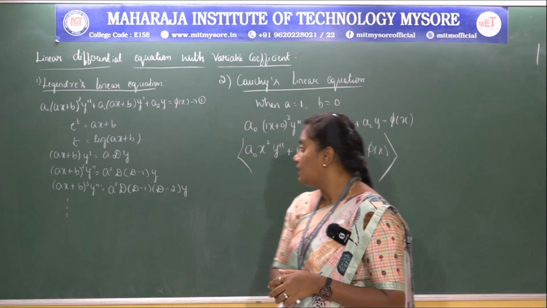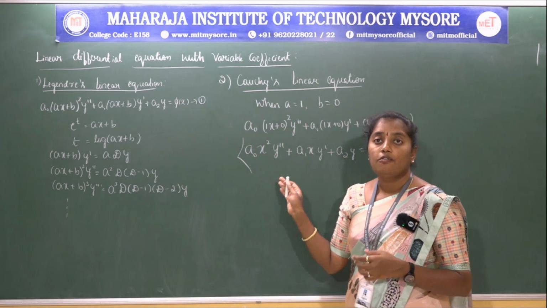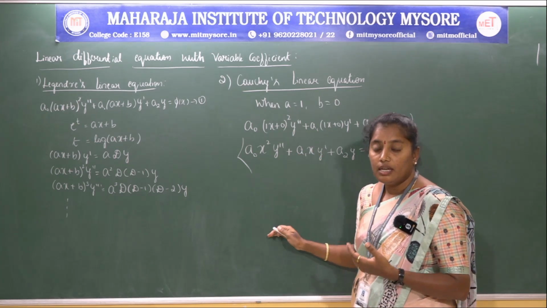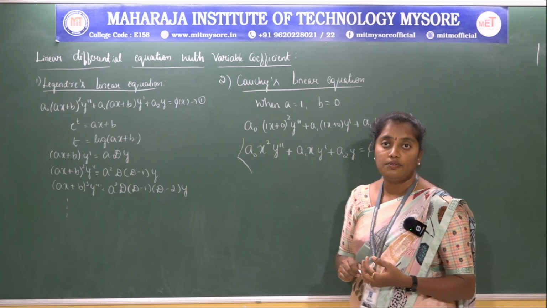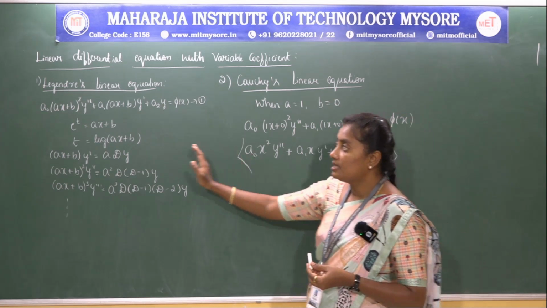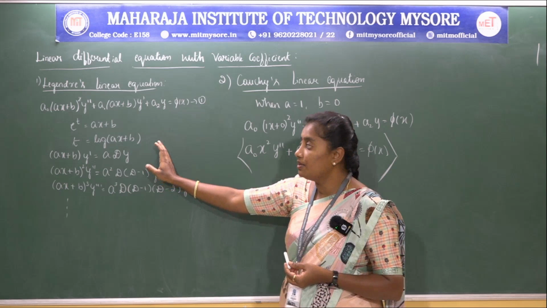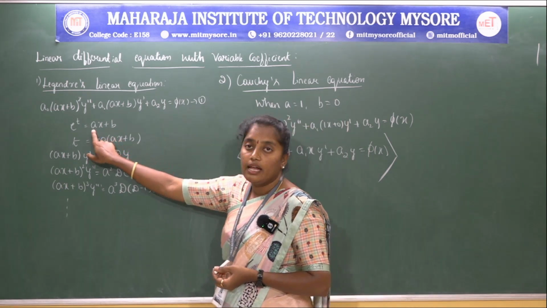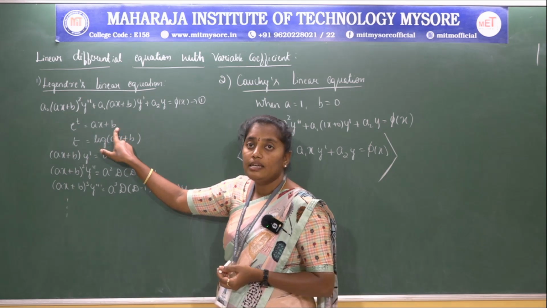To solve this Cauchy's linear equation, first we have to reduce this equation to an equation with constant coefficient using a suitable substitution. Similar to the previous one, that is Legendre's equation, we go through the same substitution by replacing a by 1 and b by 0.